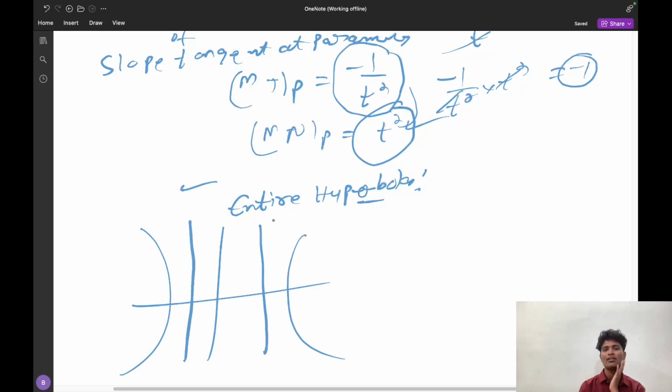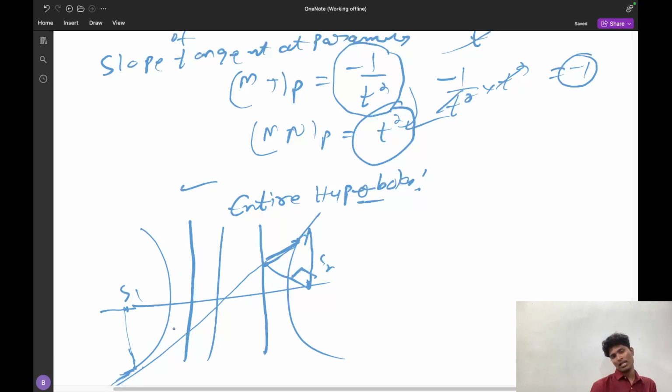The property is saying, if I draw the tangents and if it meets, the portion between these two, this is S1, this is S2, will subtend the right angle.